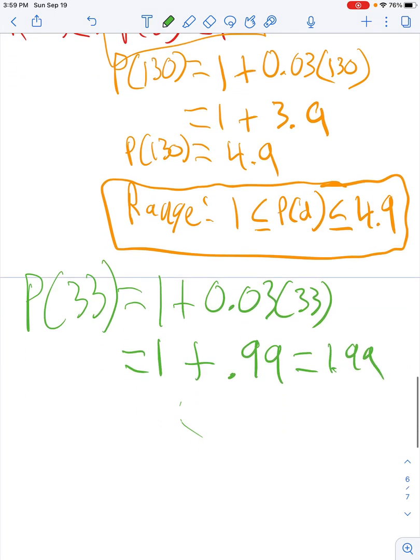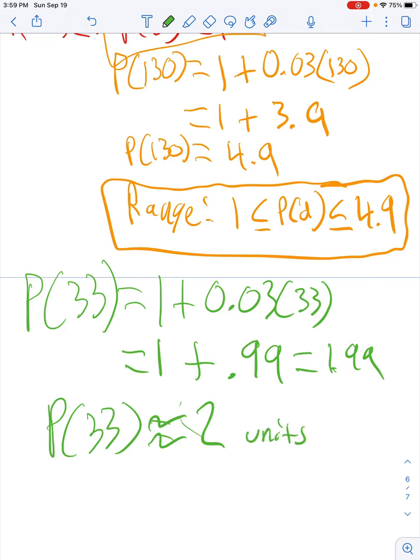So I could say at a depth of 33, the pressure on the diver is about 1.9, it is 1.99, or about 2 units. And in pressure, we call it atmosphere. So I would say approximately 2 units of atmosphere.